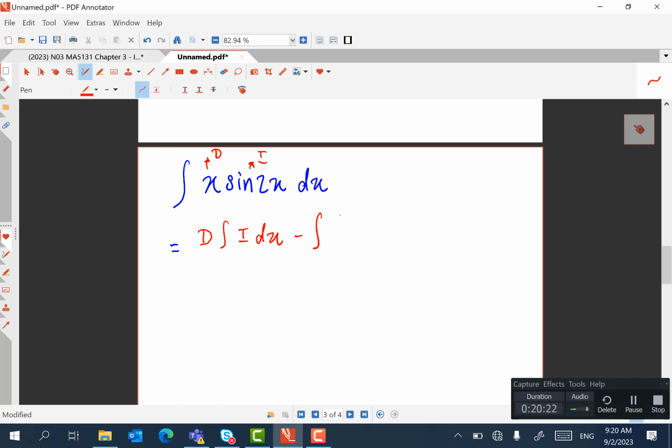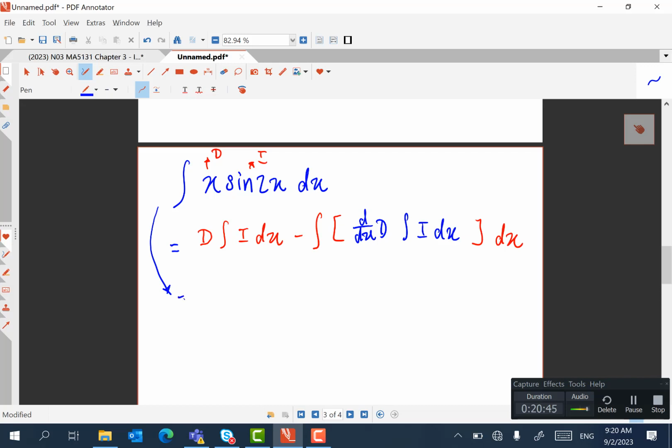Then integration sign. Nothing stops you from going back to the good old ways, but I'm just showing you what people do out there. Within the square brackets, I will differentiate my d, I will integrate my I. So I remember this in my head, you know. And then when I do it right, I won't write this thing down.